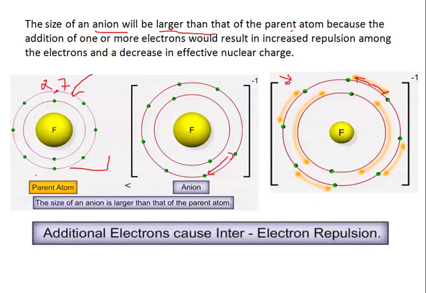So anionic radii tend to increase. So we can say that fluorine atom has smaller radii, whereas fluoride ion has larger or bigger radii. Hence it can be concluded that size of anion is larger than that of its parent atom, and the reason is inter-electronic repulsions.